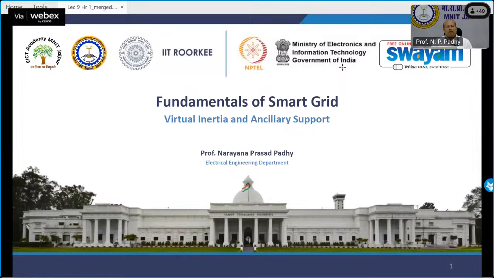Probably to make it more interesting, let me consider an electric vehicle charging station, which can charge 20 buses. And the load is close to 4 megawatt, assuming, because the charger is not working all the time.